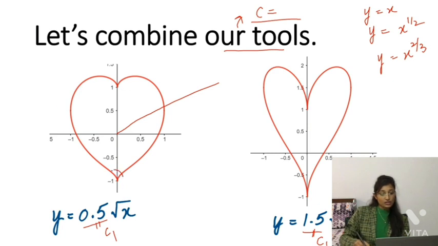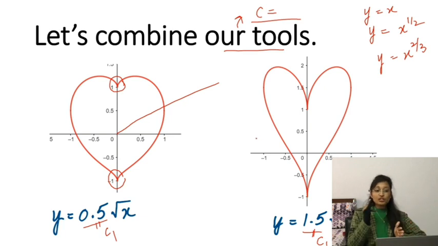You can see the bottom and top have not moved toward the origin as much. And when our slope is 1.5, you can see that our heart has shrunk towards the axis and it has formed a better shape than this. You can see the difference clearly.